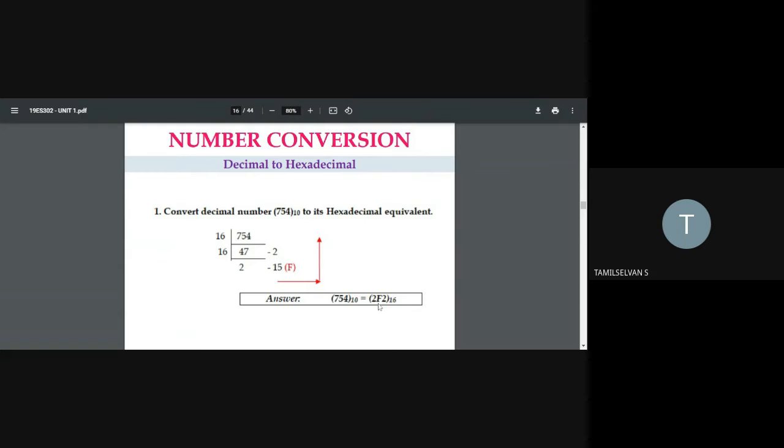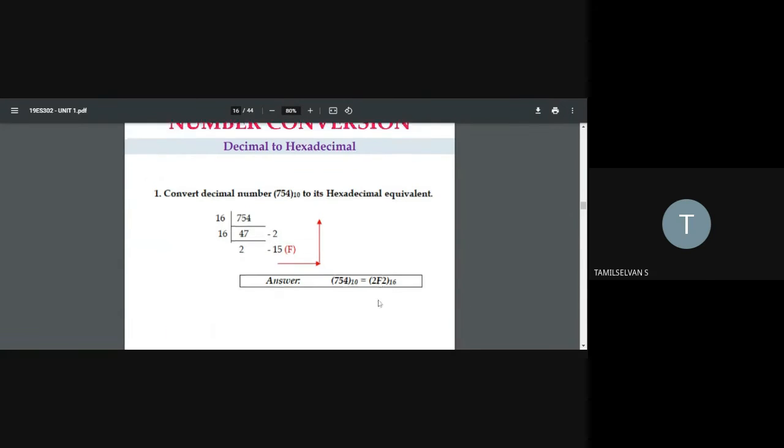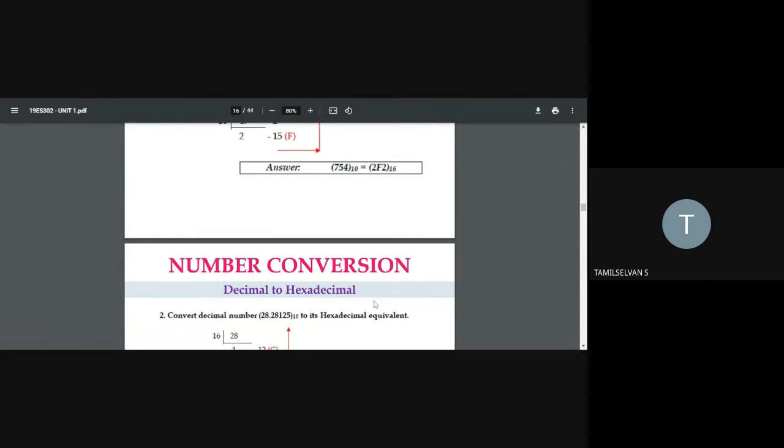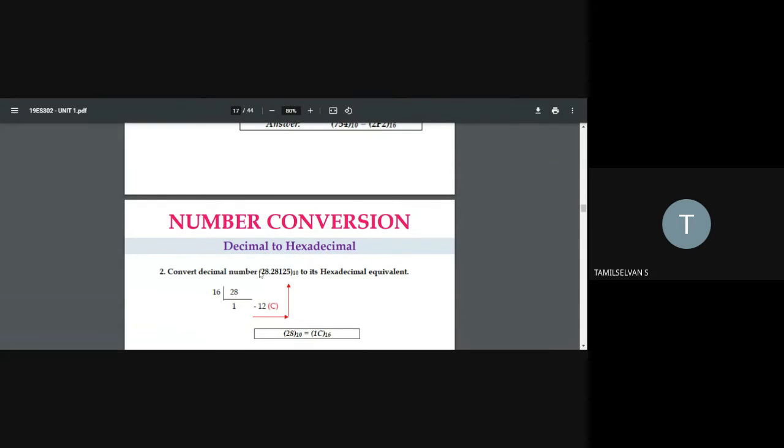Next I can move to another example, with a floating point number, while converting decimal into hexadecimal value. The example is 28.28125. First I take the whole number 28 and divide by 16: 1 times 16 is 16, so the remainder is 12.